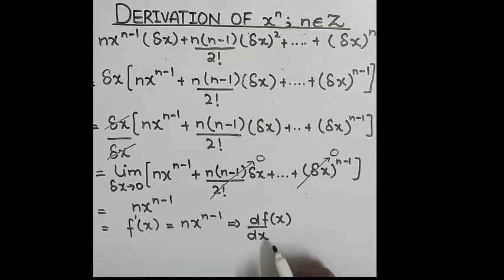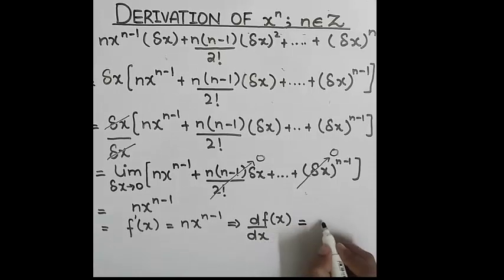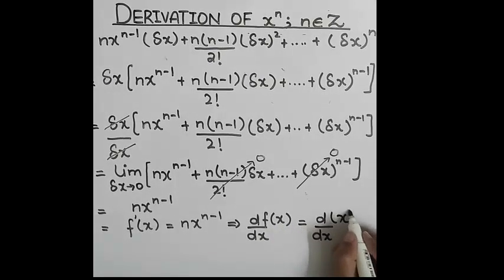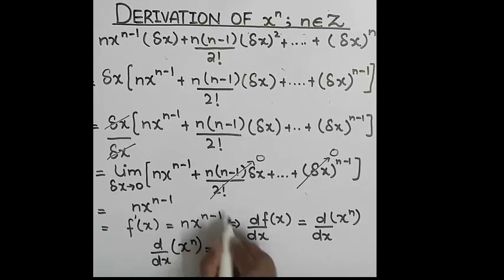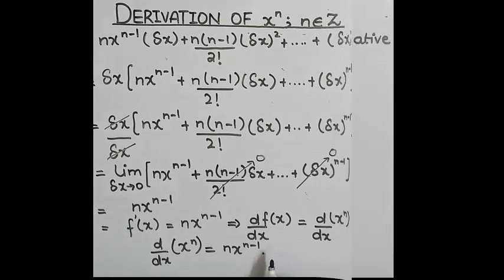So we can also write it as we are differentiating f of x with respect to x. f of x we have is x raised to power n. So it means d by dx of x raised to power n is equal to n x^(n minus 1). This is the proof of the power rule when n is a positive integer.